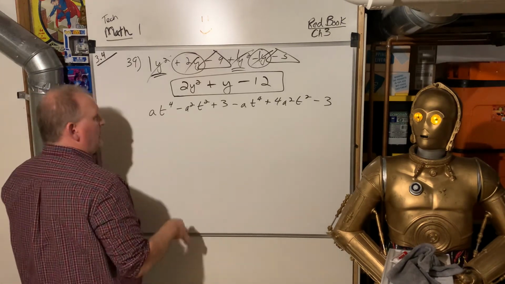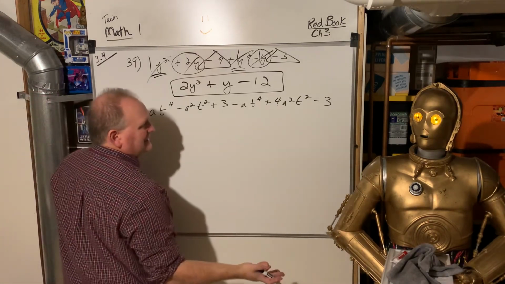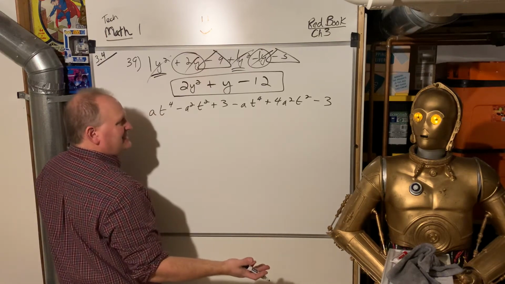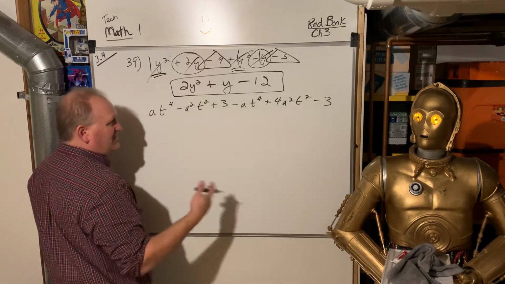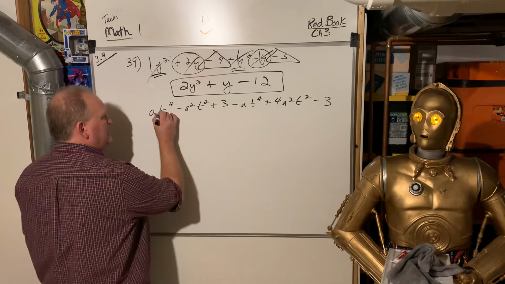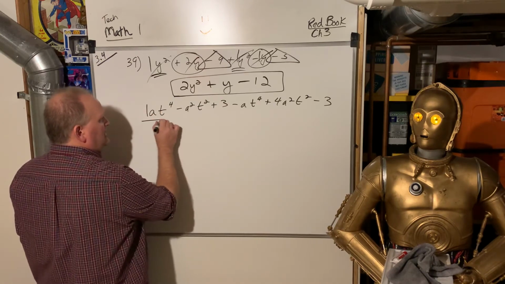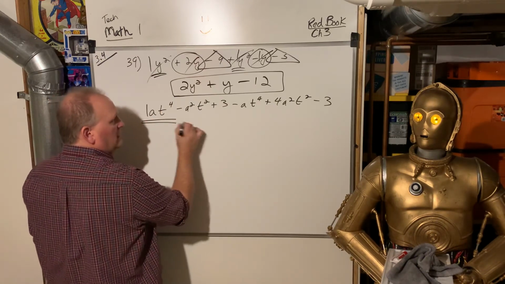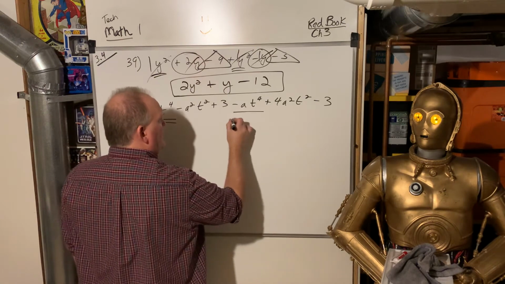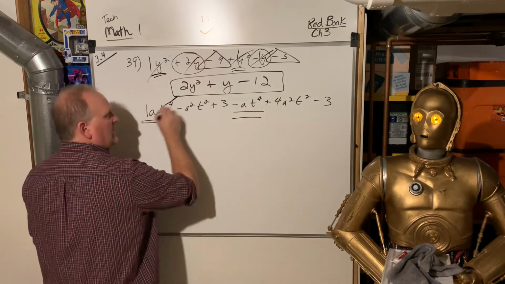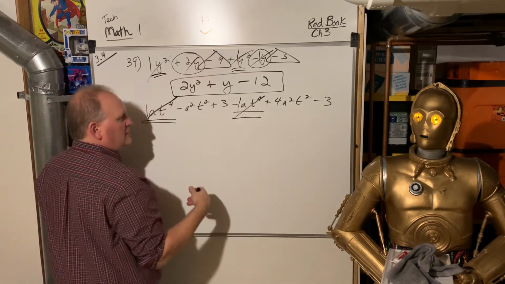All right, I guess we'll put them in descending order according to t, because you got two variables to go here. We'll go with t's. So we got 1at4 minus 1at4. Oh, so those die. 1 minus 1 is 0.